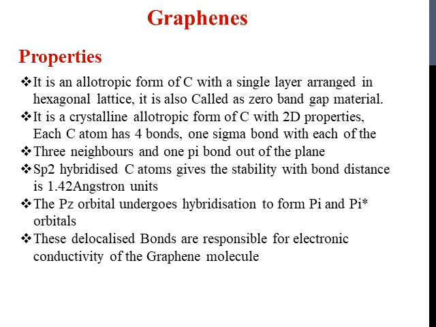The pz orbitals form pi and pi star orbitals, and these delocalized bonds are responsible for electronic conductivity in the graphene molecule.